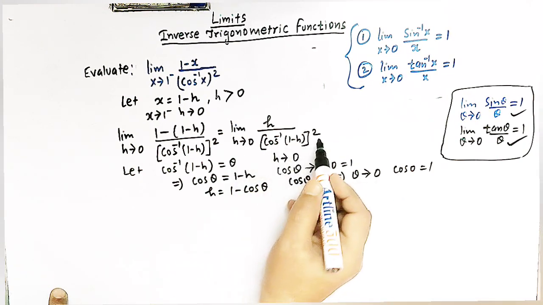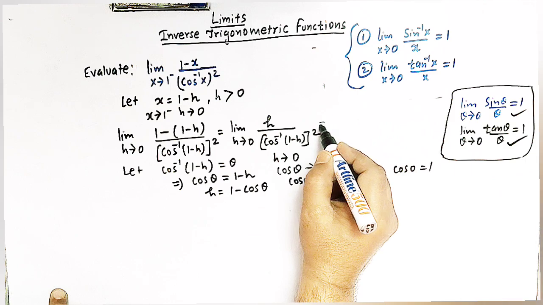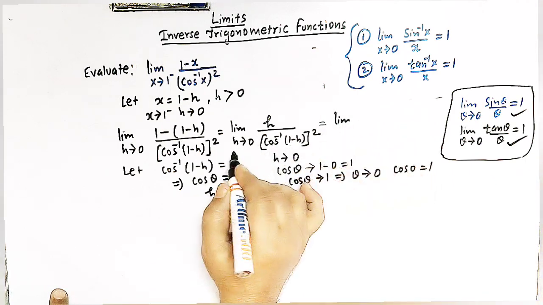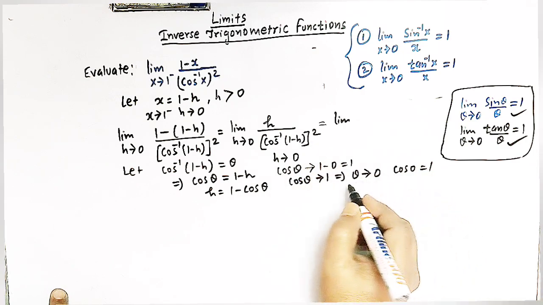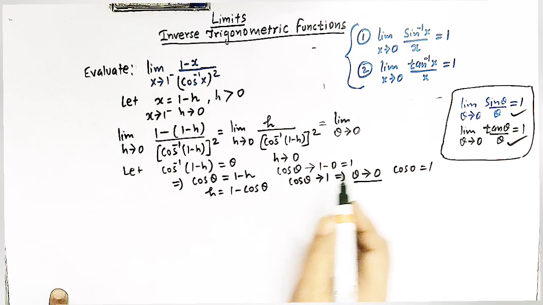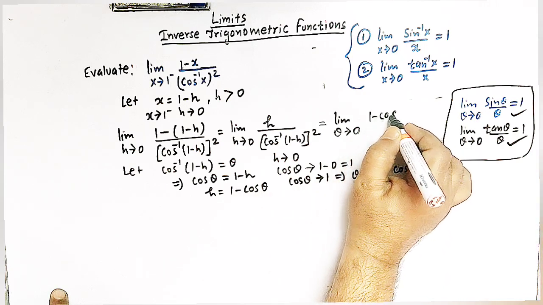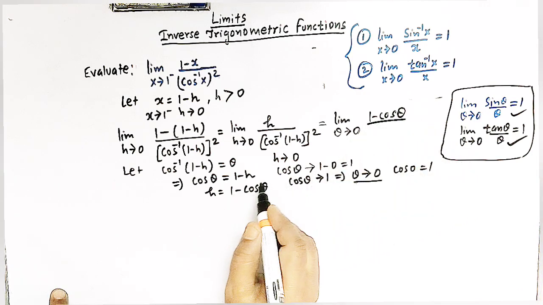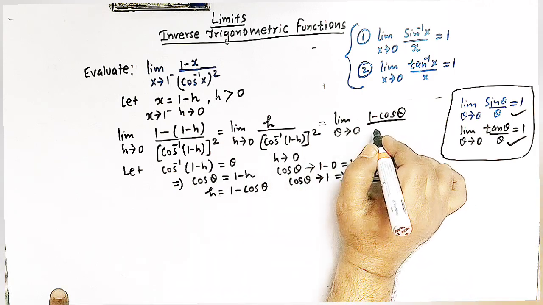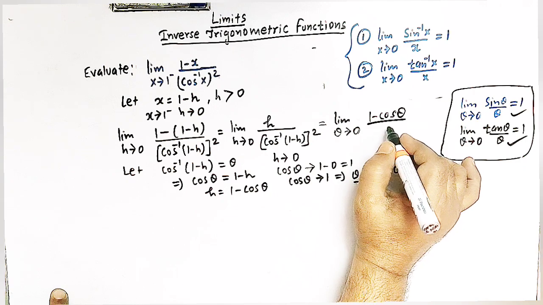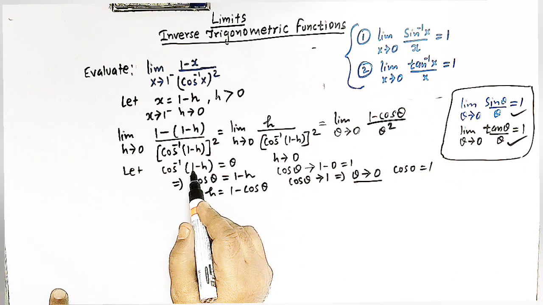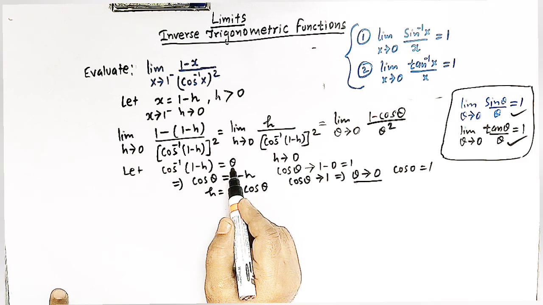So now we can express this limit in terms of theta. So we have now limit, and for h tends to 0 we have theta tends to 0, and for h we can now write 1 minus cosine theta, and here we have cos inverse 1 minus h, that is simply theta square, right? Because cos inverse 1 minus h is equal to theta.